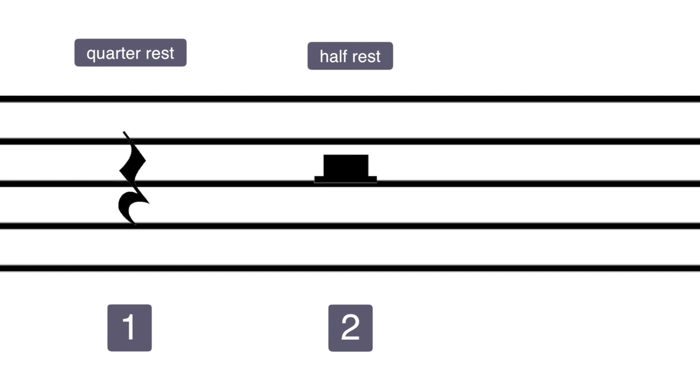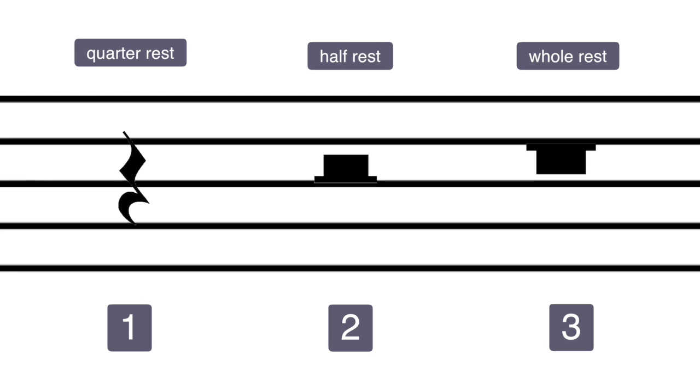This upside down hat here, this is called a whole rest. It's a whole measure rest. So if we're in 3/4 time, it'll be 3 beats. If we're in 4/4 time, it'll be 4 beats. If we're in 2/4 time, it'll be 2 beats. And I remember the name of this rest because it kind of looks like a hole in the ground, like I could crawl in there and take a nice long rest.